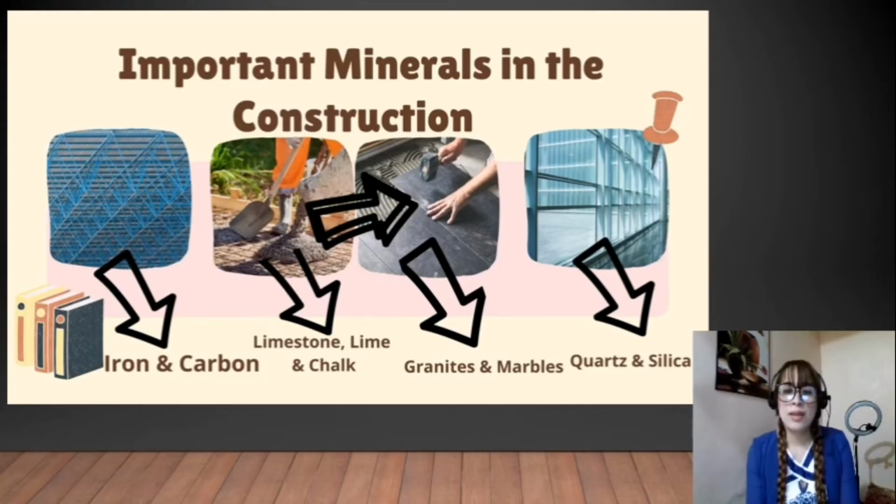And the third one, we have the flooring. We use tiles that are made up of granites and marbles. And also the glass. Some buildings are made up of glass, so they are using quartz and silicon.